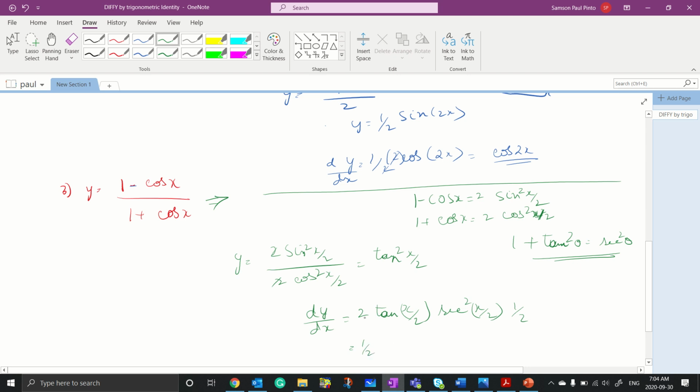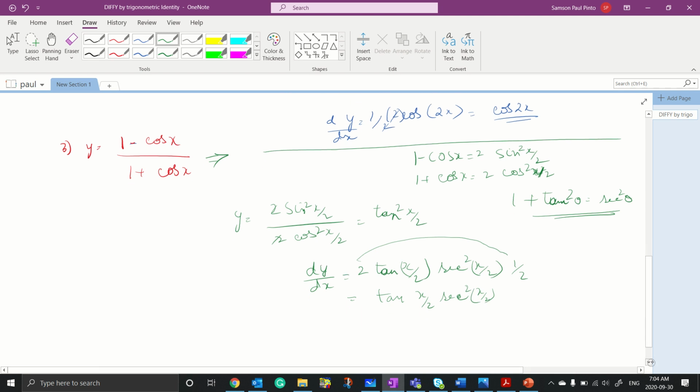This half will get cancelled with this 2. Okay, and you will be just left with tan x by 2 into secant square x by 2.